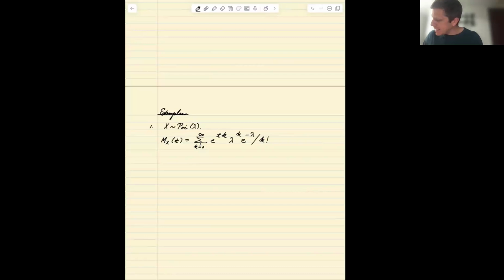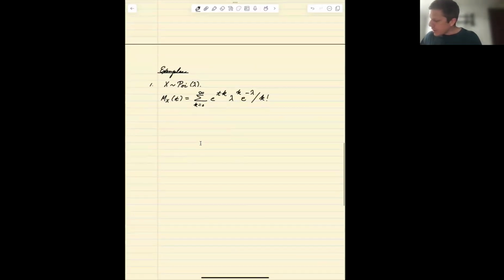How do we calculate this? Well, what we realize here is e to the tk times lambda to the k, so we get lambda e to the t, to the k.